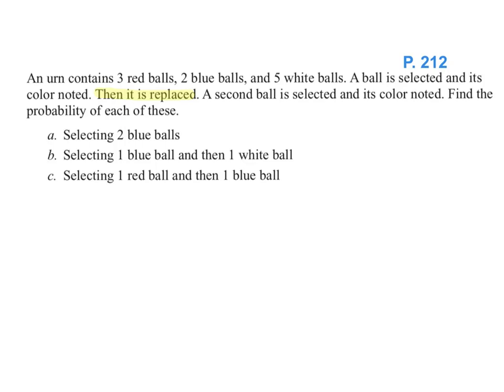So each event is independent because you start with the same number of balls in the urn every time. If we didn't put the ball back in after we pulled it out, then they wouldn't be independent anymore. Those would be dependent events, and we're going to talk about that next.